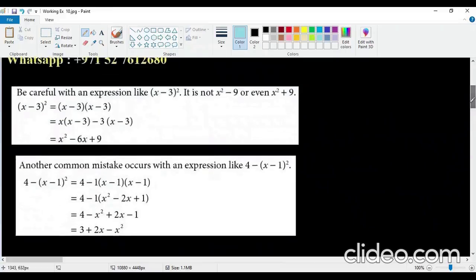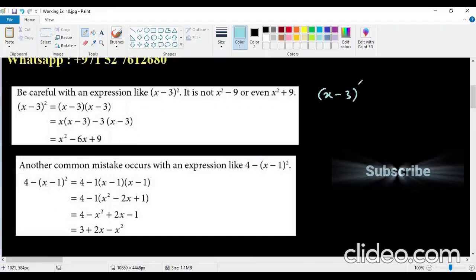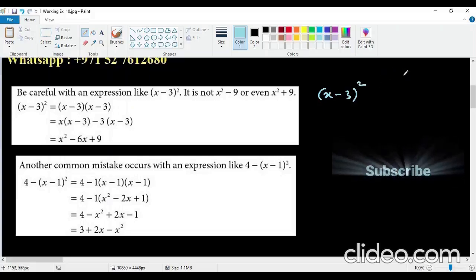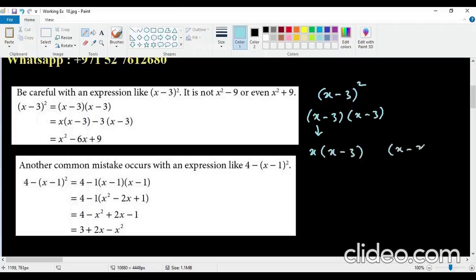that you must always take care that once we are multiplying x minus 3 whole square, it means multiplying by itself, so x minus 3 is multiplied by x minus 3. Okay, so what you have learned in this exercise is you have to write x first, and x minus 3 you will write two times, because first you multiply by x and then second you multiply by minus 3.